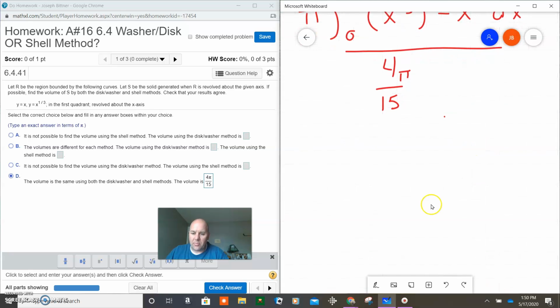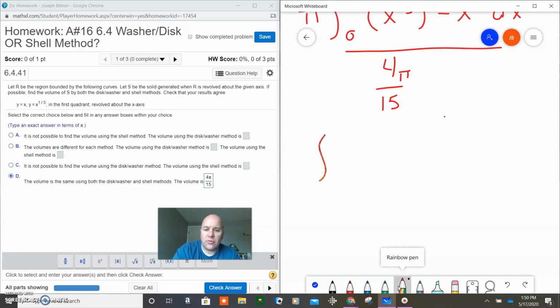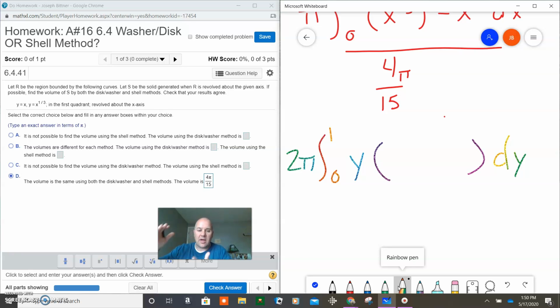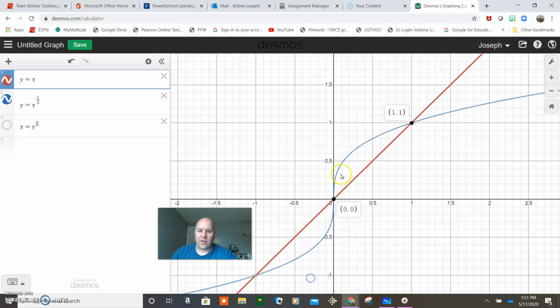Let me scroll this up a little bit. Just remember when you do the shell method, it's going to be with respect to y. So the integral from 0 to 1 dy. This is going to be 2 pi y, and this is like the 2 pi r of the circumference. Now I just have to take top minus bottom, which represents the height of my cylinder as I rotate it around. Let me go back and look at my picture. Sorry, I forgot which one's which.